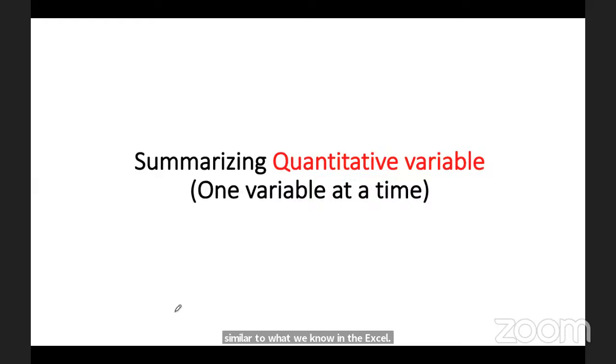So what we are going to do is start by summarizing the quantitative variables. I don't know from the chat, what is a quantitative variable? Can you try to give us a definition of what a quantitative variable is? I want to see some answers in the chat.